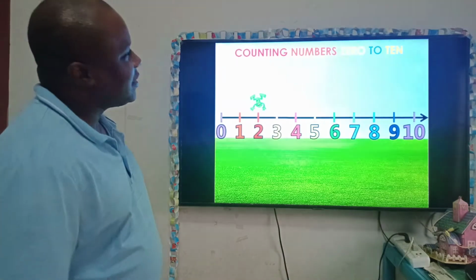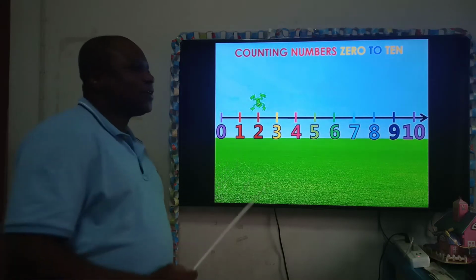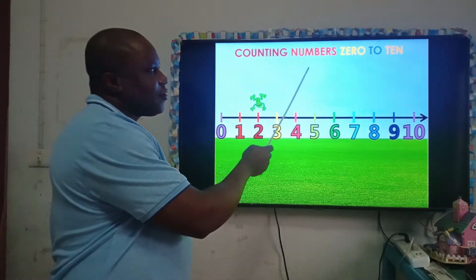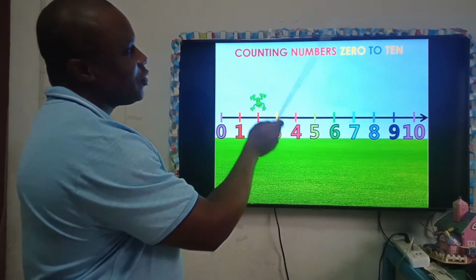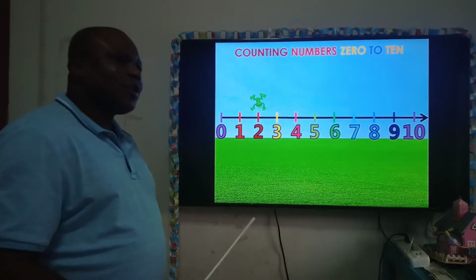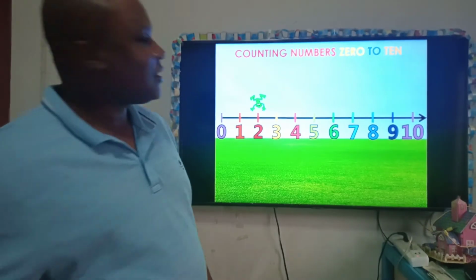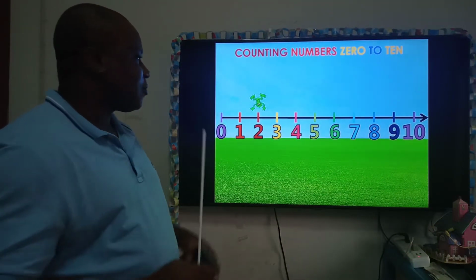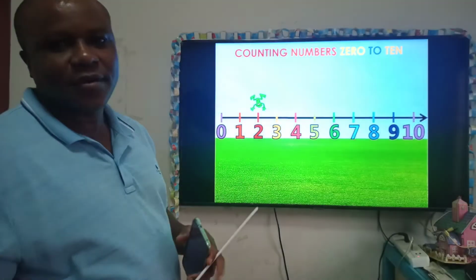So when you look at the screen here, you see that we're starting from 0. This is counting numbers 0 to 10. So let us start from 0 to 10, because we are going to move step by step.